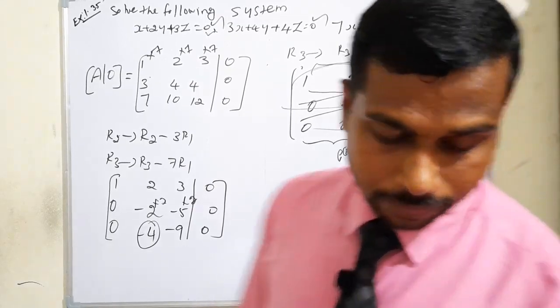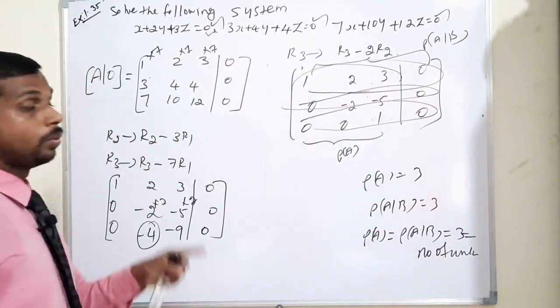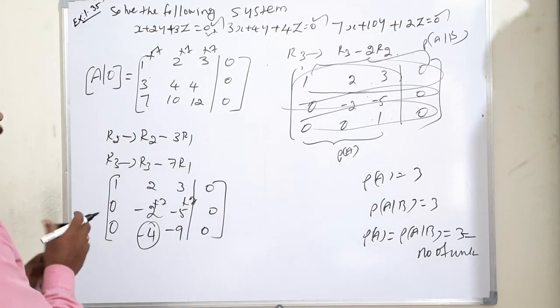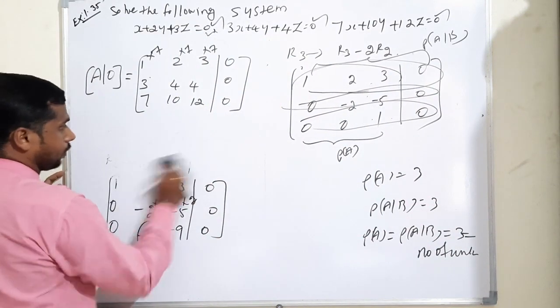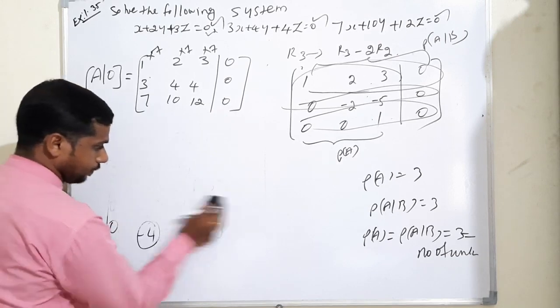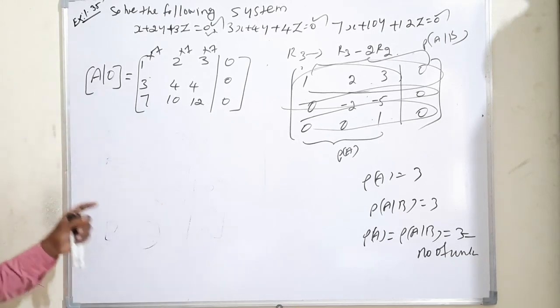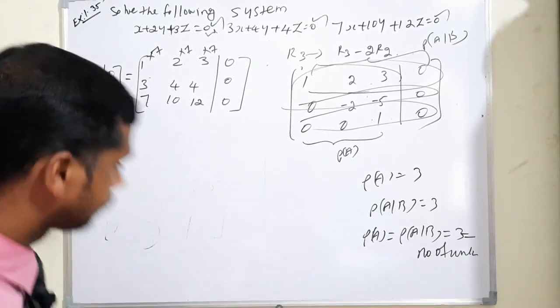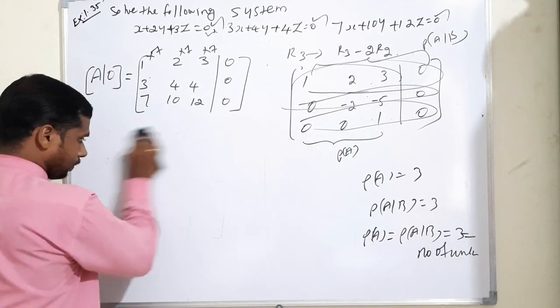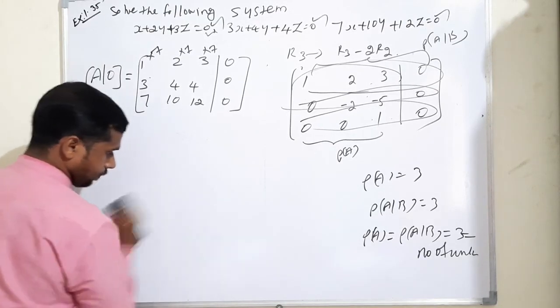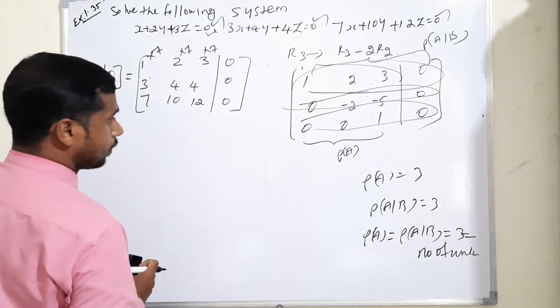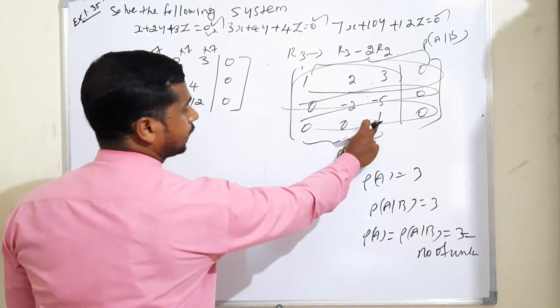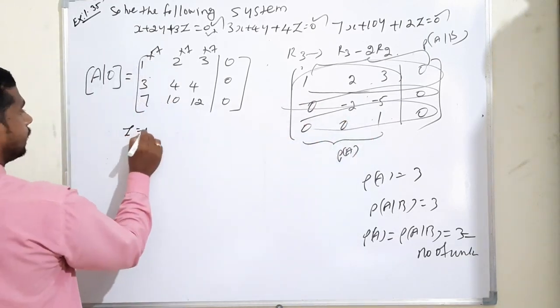Then the second condition, what did I say? x is equal to 0, y is equal to 0, z is equal to 0. The last row gives z is equal to 0.